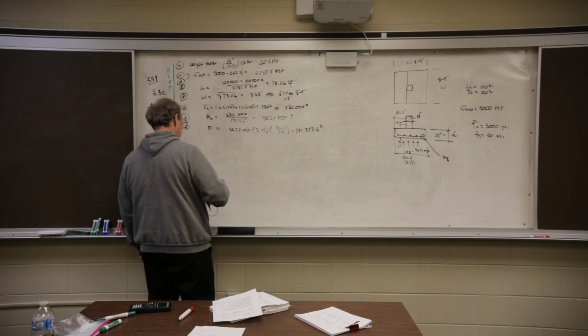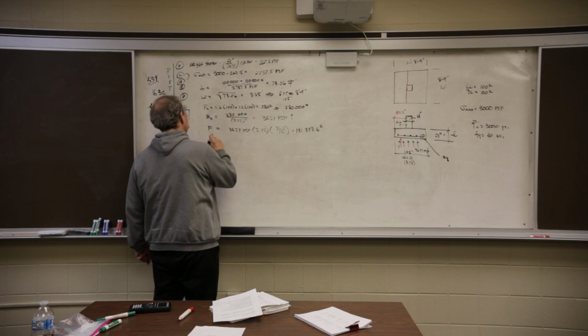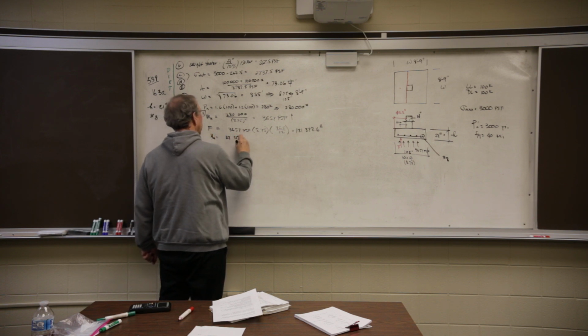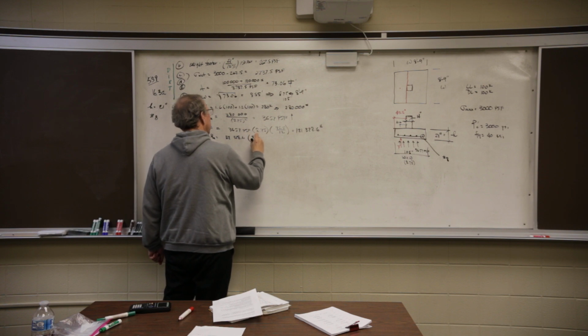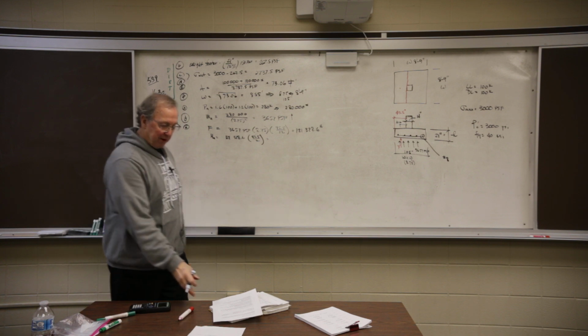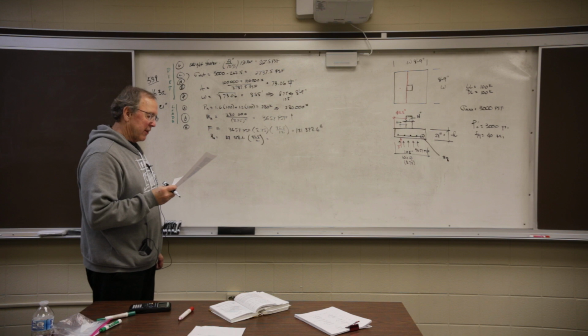So the moment, Mu, is just force times distance. If I take 45.5 and divide it by 2, that puts me in the center. So that's where I get the moment.